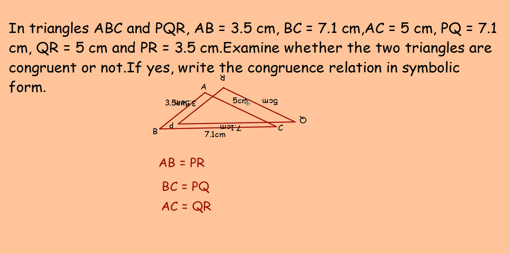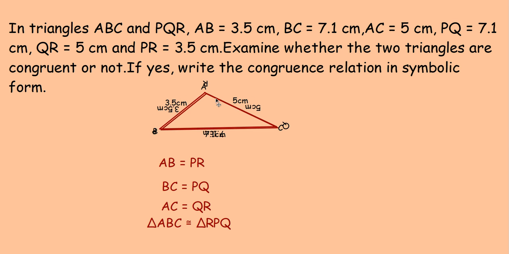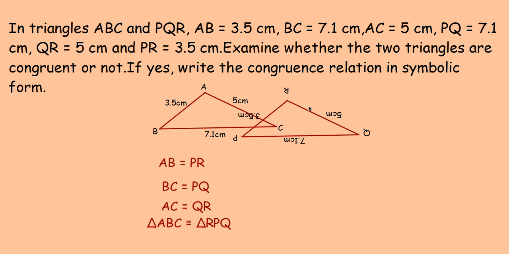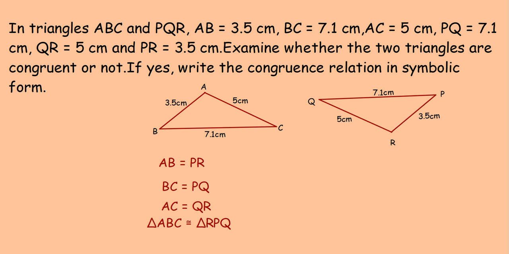So we can write this relation as triangle ABC is congruent to triangle RPQ. That means RP falls on AB and PQ falls on BC and QR falls on AC. So we can write triangle ABC is congruent to triangle RPQ, not PQR.